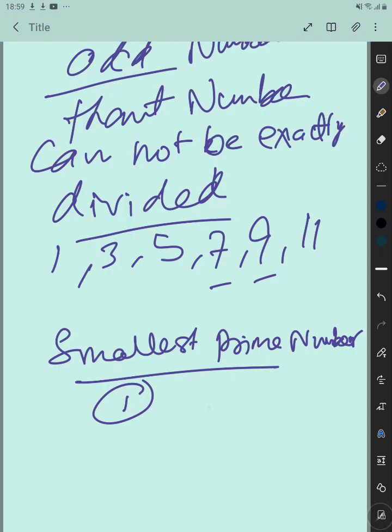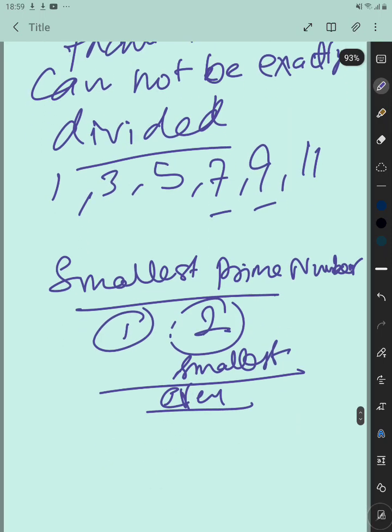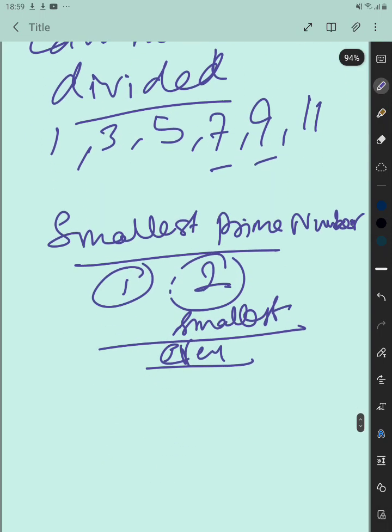The next number is 2, so 2 is the smallest prime number. If anybody asks what is the smallest prime number, you will say that 2 is the smallest prime number, and that it is even. Other prime numbers are 3, 5, 7, 11.